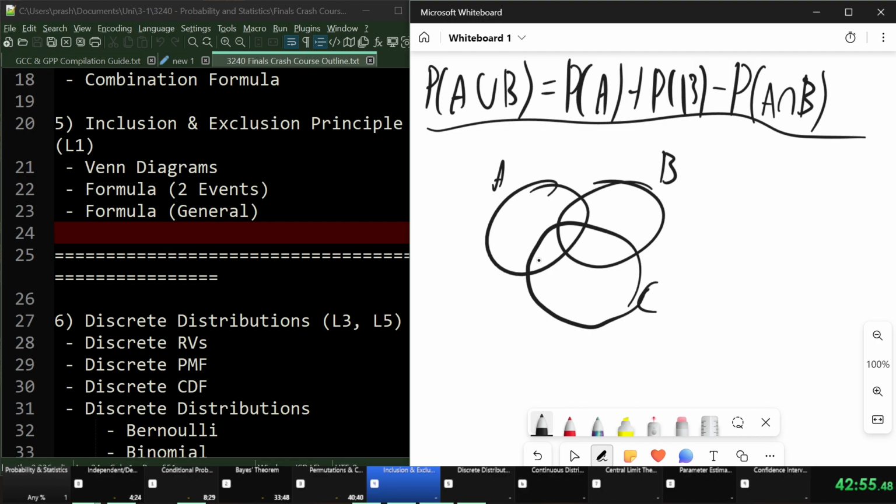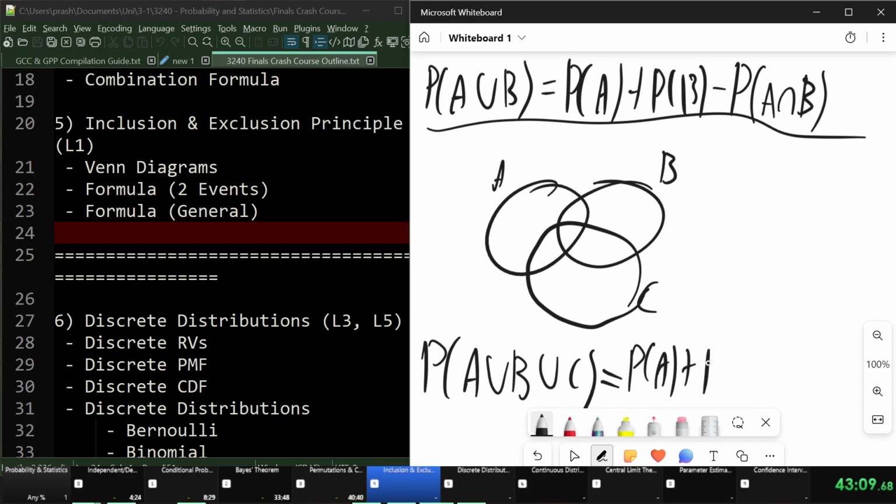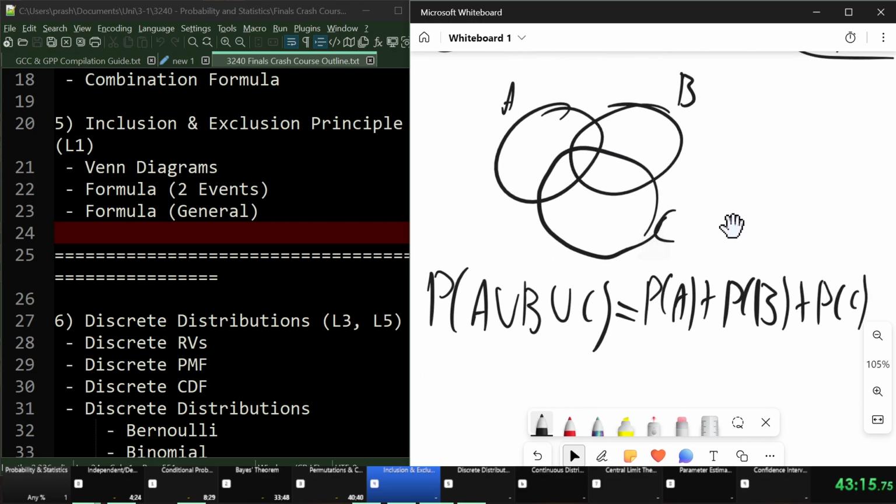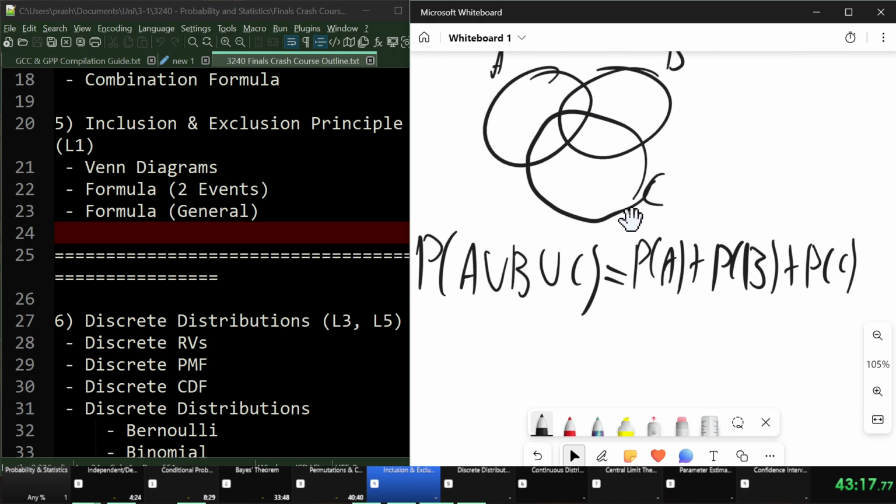Same problem, we want to get the union of all of the things in the circles. Probability of A union B union C is, let's try adding them up like we did previously. And this will mean that this region will be counted twice, just like last time.